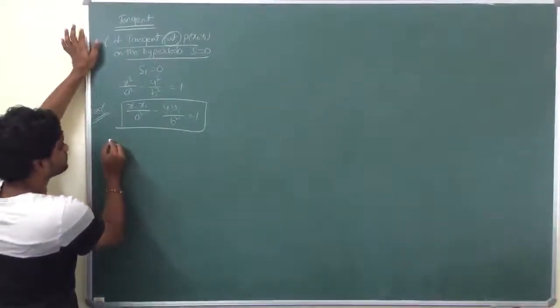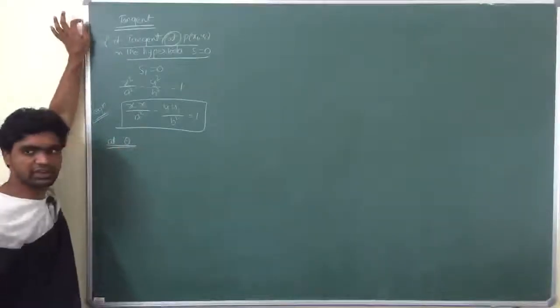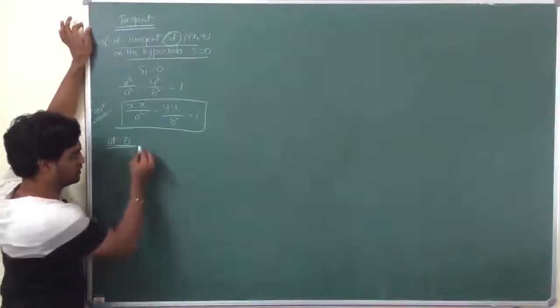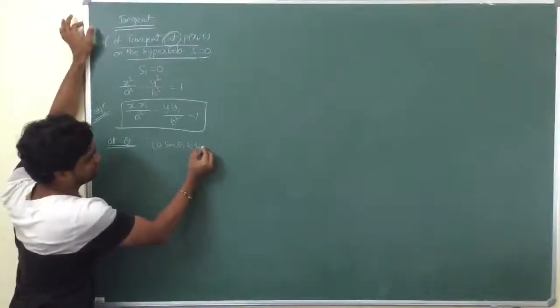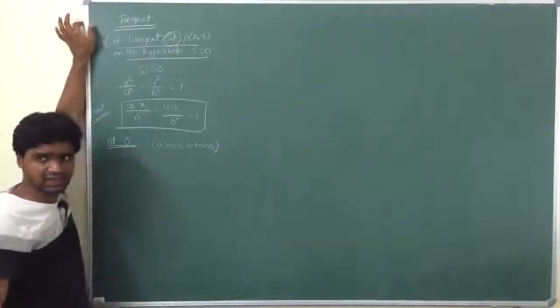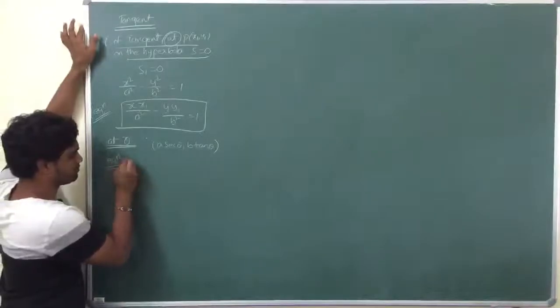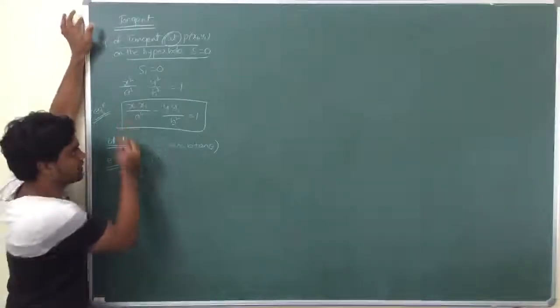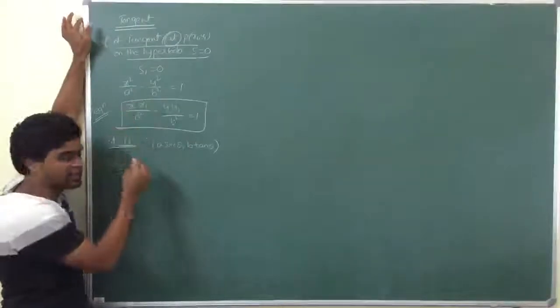Next, equation of tangent at theta. Theta means we'll have the point (a secant theta, b tan theta). Now how will we get the equation? x into x1, which is a secant theta, by a square. A gets cancelled.